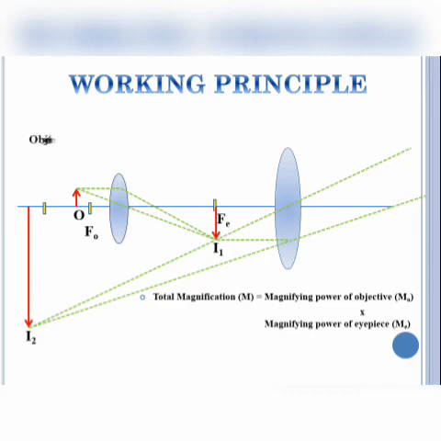So let's say objective lens is having a magnification of 40x and an eyepiece lens is having 10x. So the magnifying power is going to be 400x, right?